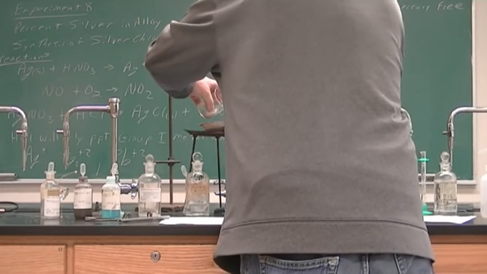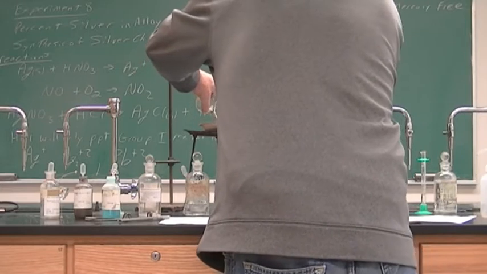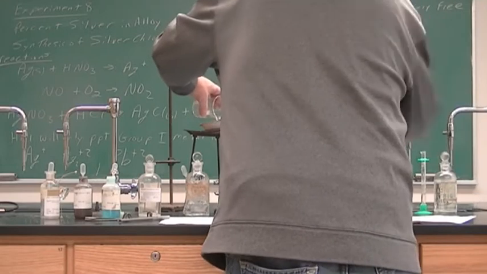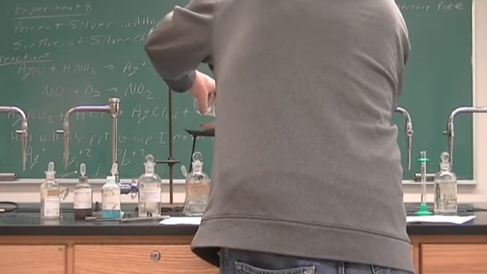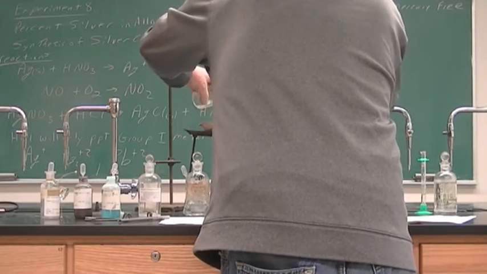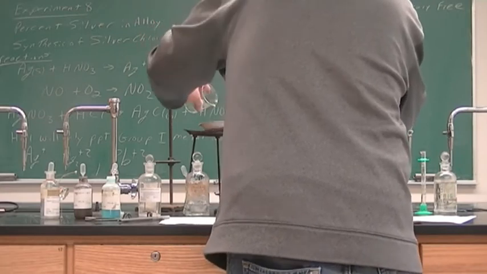Now we want the solid to come out, and so we are trying to get the solid to come out with this water. So we will then evaporate out all of the excess water, and then we will weigh it to get our mass of silver.